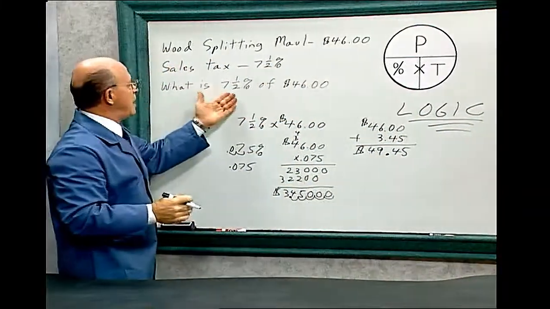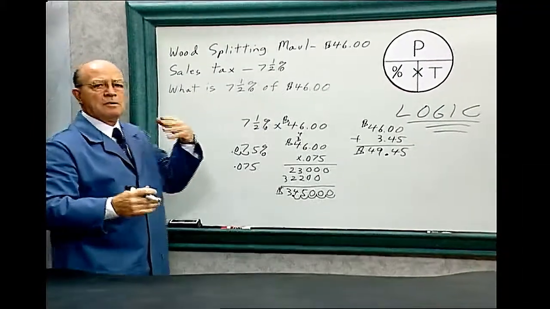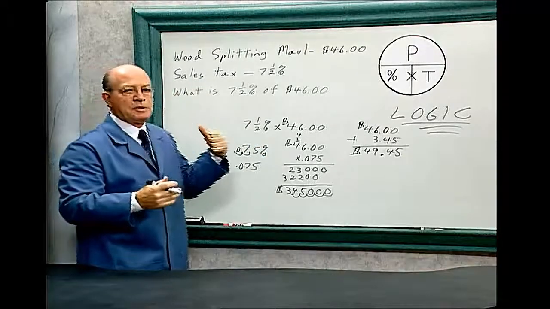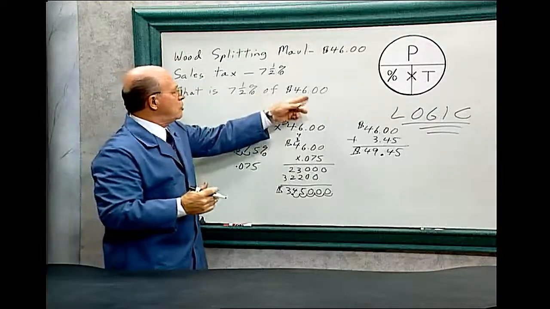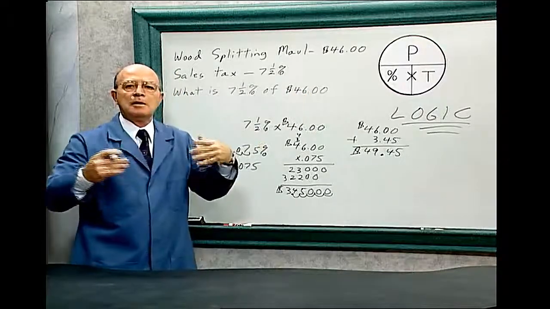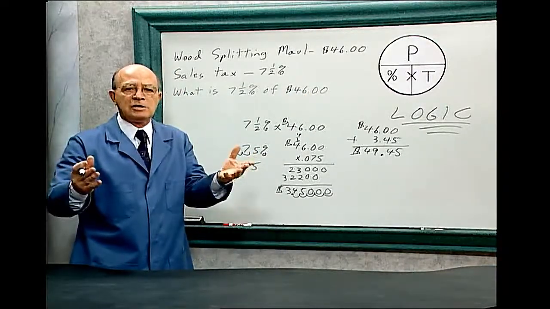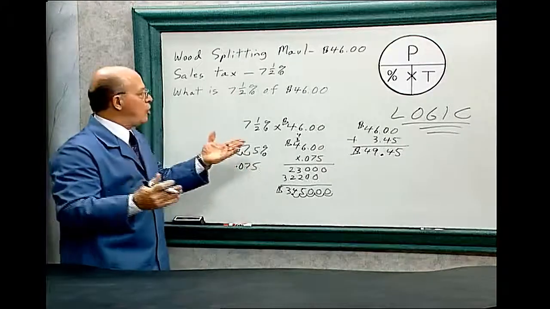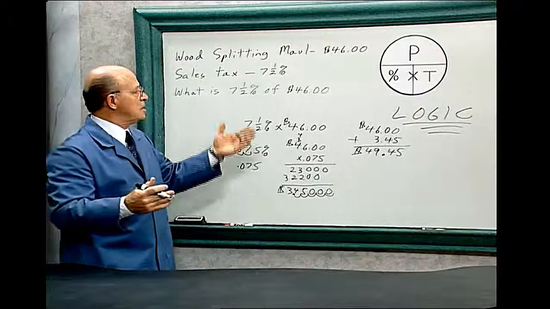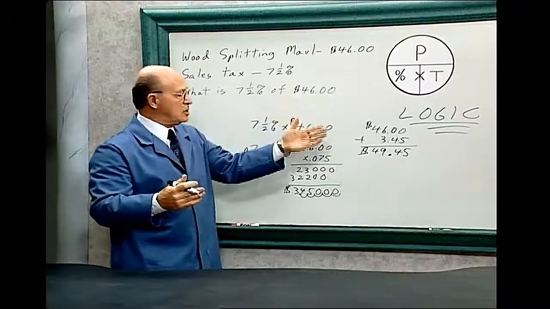Instead of saying 7.5%, put in a figure like 10%. If you had to pay 10% sales tax, you know you just moved that decimal point over one place, you'd be paying $4.60. So you know that at 7.5%, it's got to be less than $4.60.